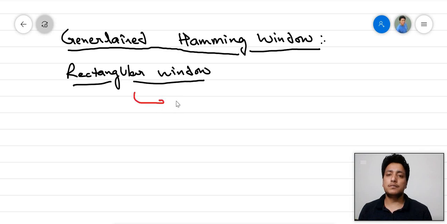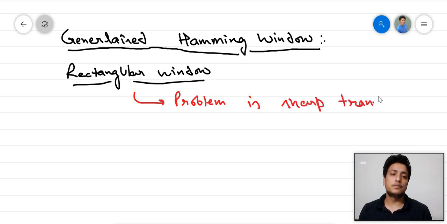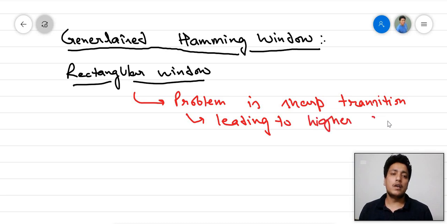The problem is the sharp transition, leading to higher area under the side lobes.